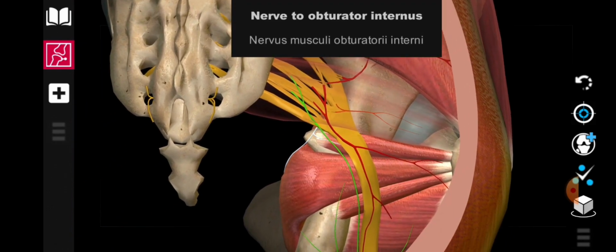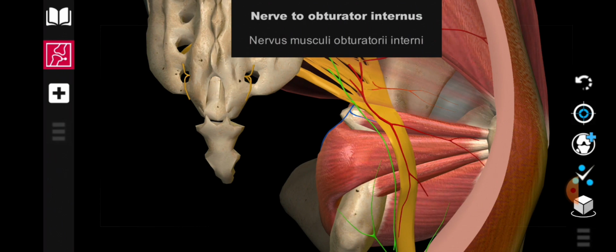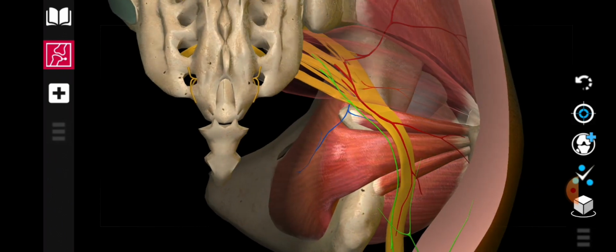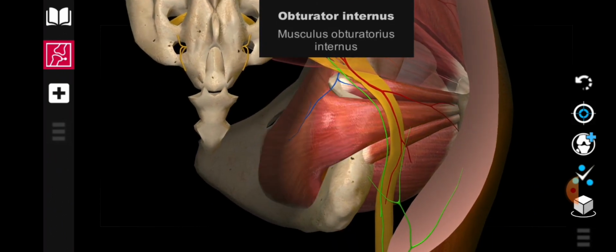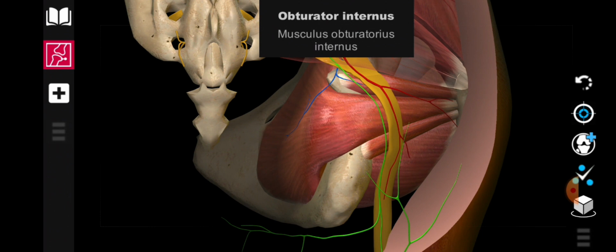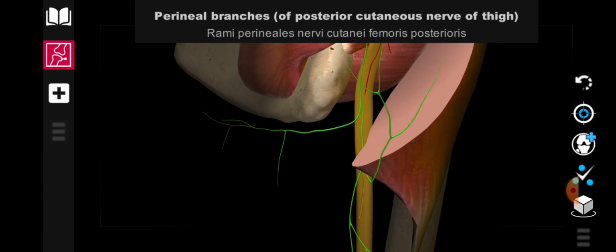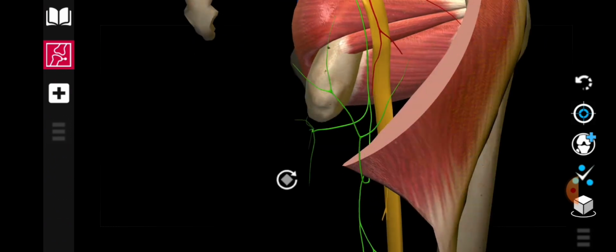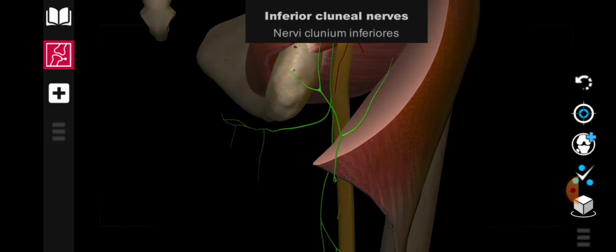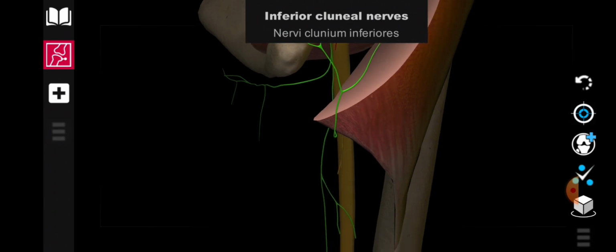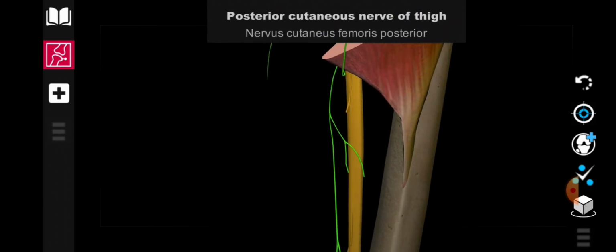Okay, this is the nerve to obturator internus being shown in purple color, as this is the obturator internus muscle. Now those were the perineal branches of the posterior cutaneous nerve of thigh, right? This is the inferior clunial nerve, right? And you can see the descent of the posterior cutaneous nerve of thigh, right?